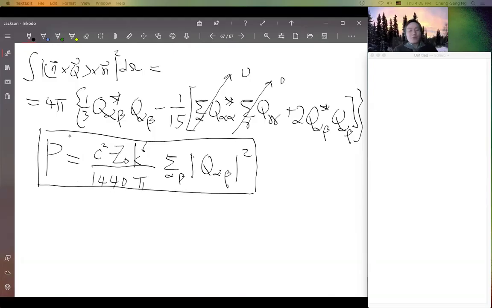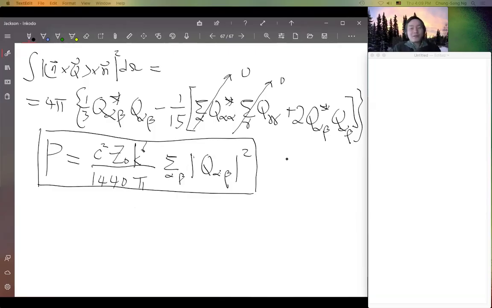All right, so the total power is a little bit simple in the sense that it's basically just the electric quadrupole tensor, but for all the components, you take the absolute value squared of the component and then sum over all 9 of them. Then you get this factor and multiply by this coefficient, you get the total power.